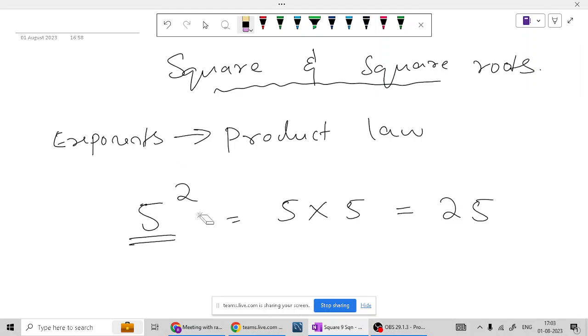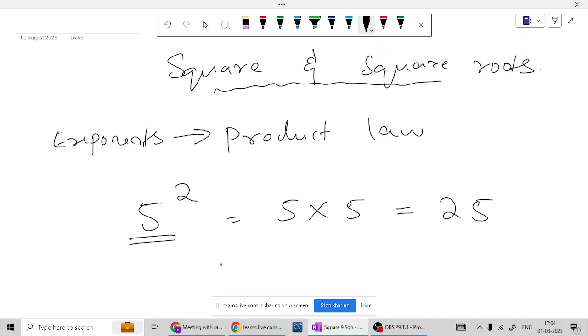Now open page number 35. Can you see the definition given? What is a square? If a number is multiplied by itself, the product obtained is called the square of that number.